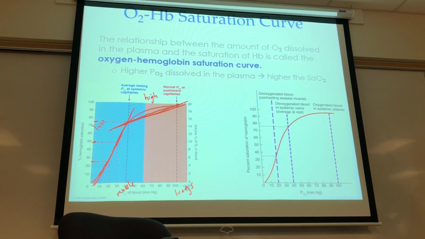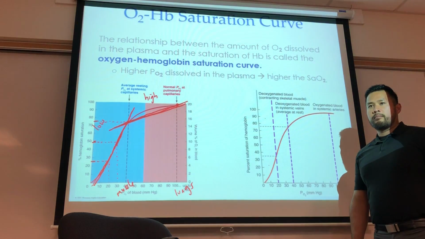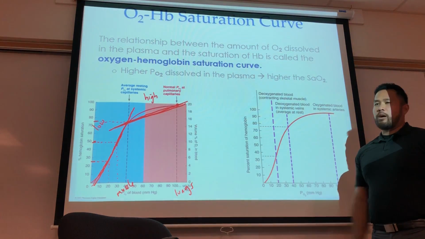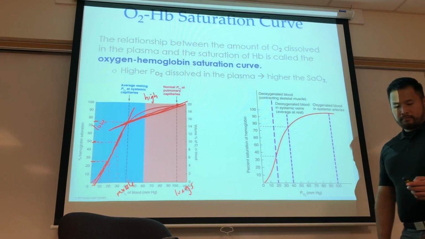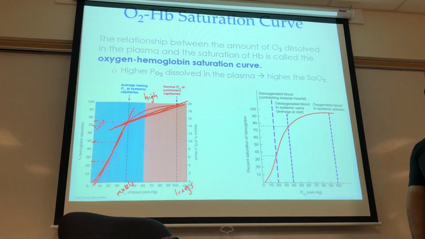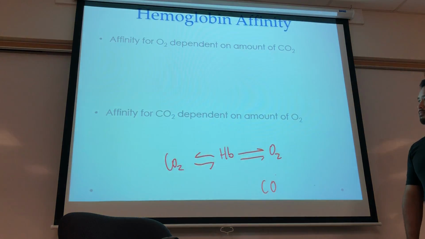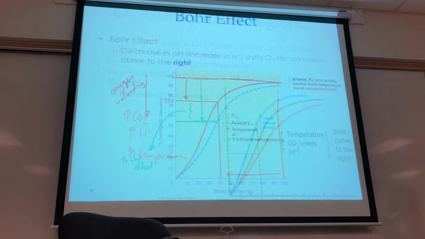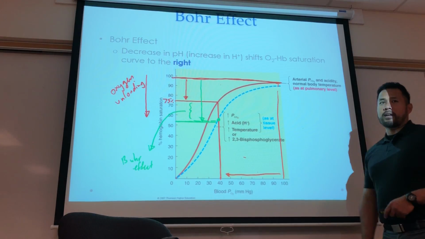How does hemoglobin bind to its oxygen molecules? That's how it binds. But now you've got other competing factors, like CO2 and temperature and acids, and that affects it too.